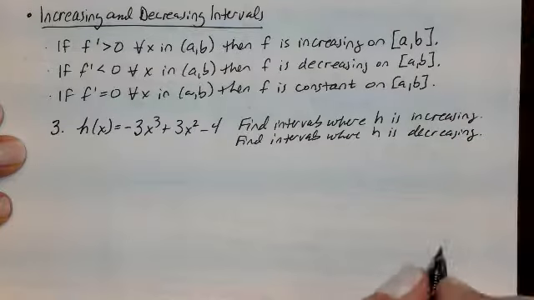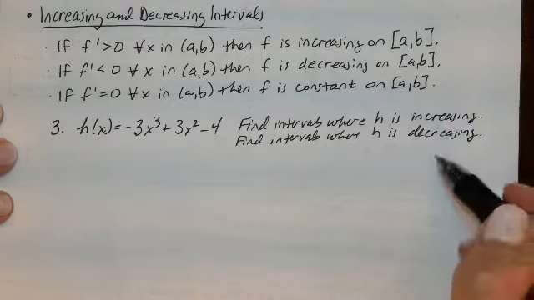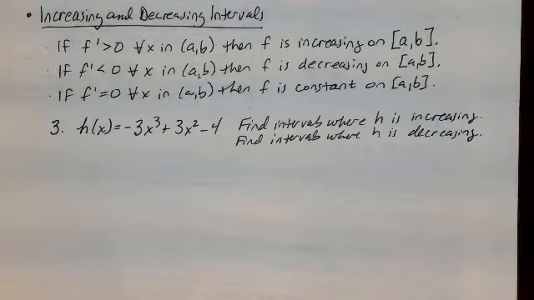Okay? On an AP test, they would ask you one or the other. They wouldn't be asking you for both. They would ask you for one or the other, I believe.